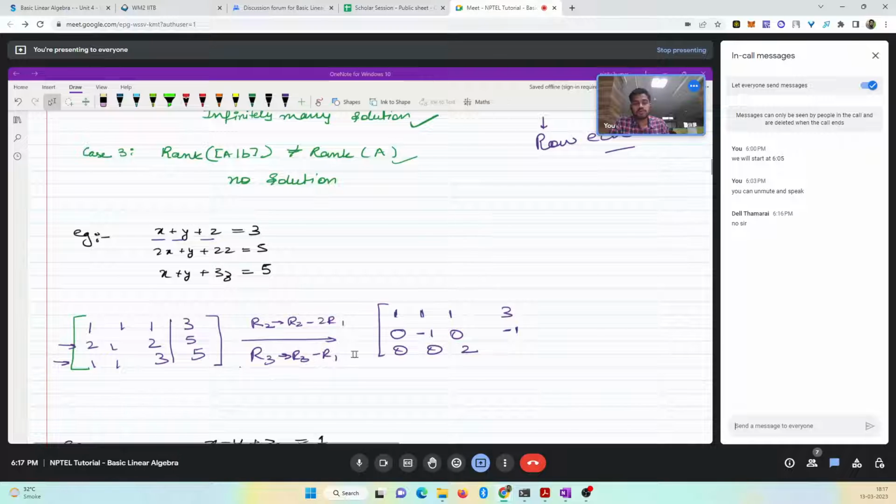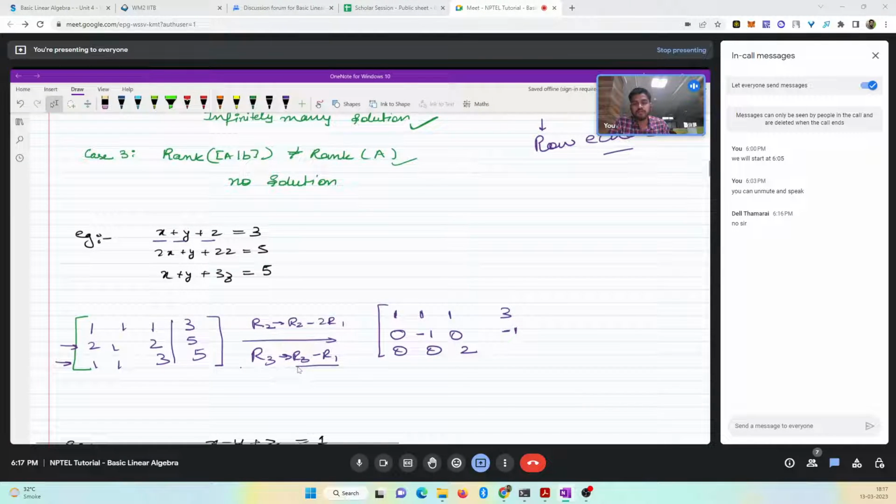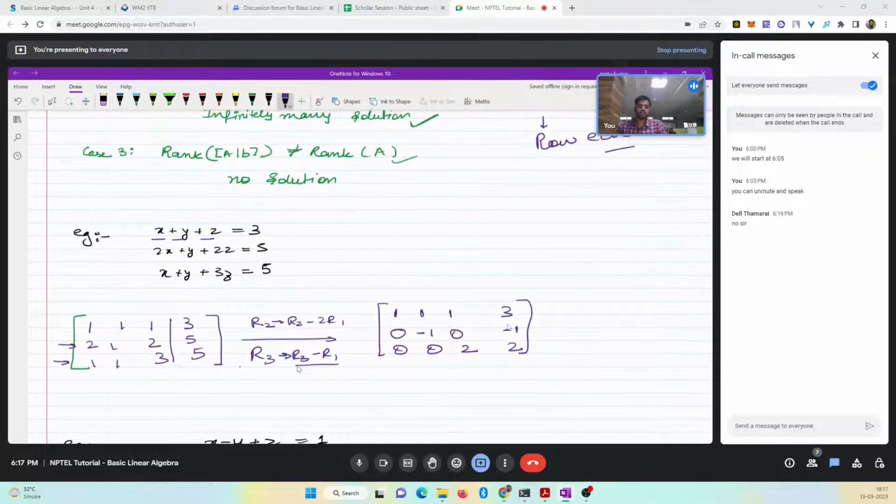So the third entry would be, this was R3 minus R1, which would give us 2. Now if you look at this, we wanted to find the rank of this matrix. Now you have obtained the row echelon form. So how many pivot elements do you have? 3 pivot elements. So what is the rank of the augmented matrix?